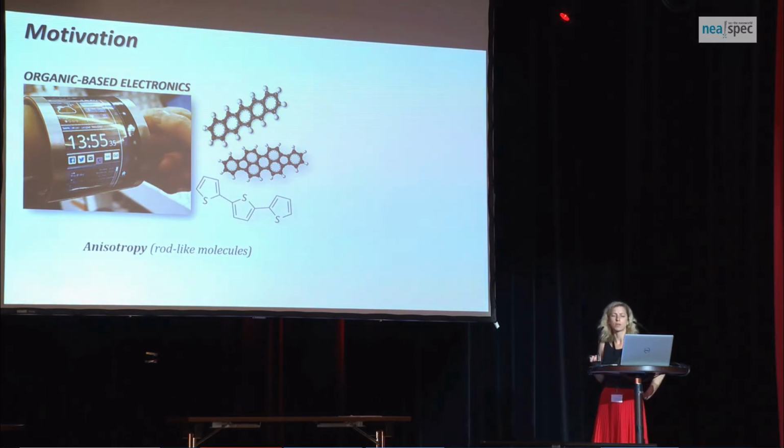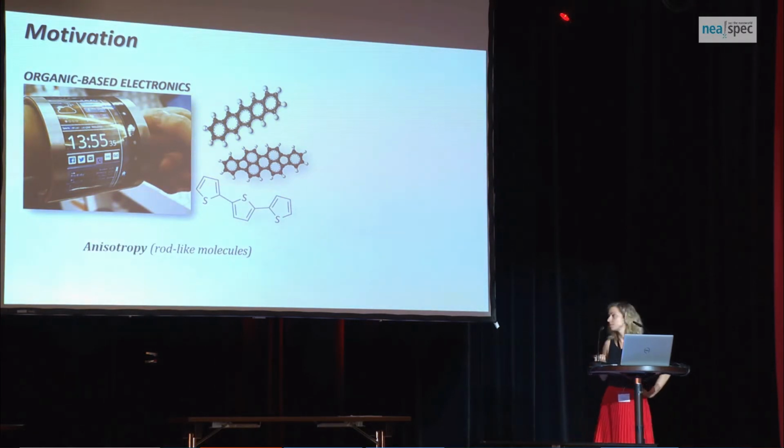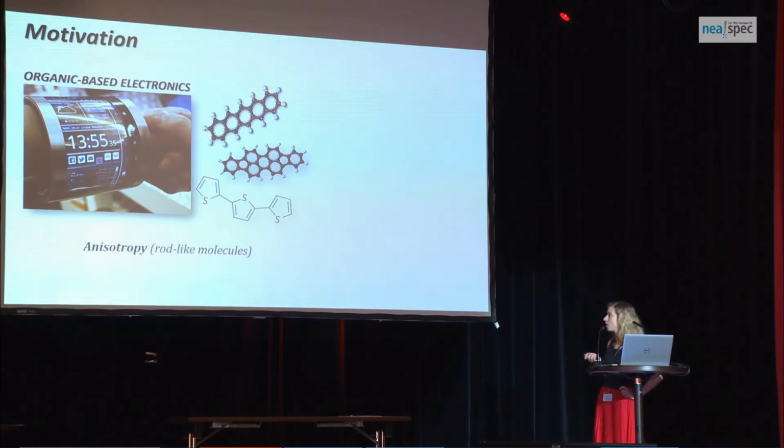Well, small organic molecules have specific issues that are distinct from inorganic semiconductors. What strikes you first is that they are anisotropic, especially the rod-like molecules. And the anisotropy means that they have different properties in certain directions.